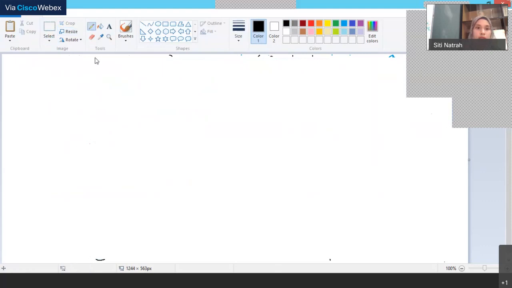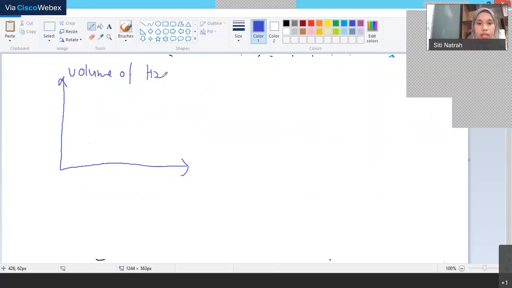Okay, jadi kalau kamu dah buat eksperimen untuk kita punya concentration, kita anggap sini kat CY kamu mesti gas, volume. Then kita ada volume of hydrogen release. So kita ada time.